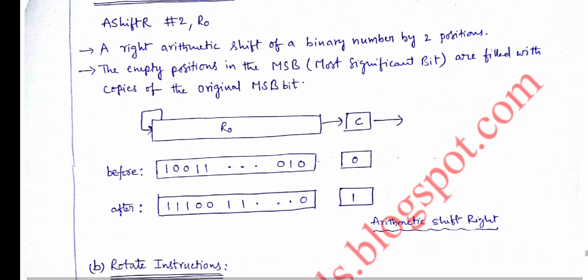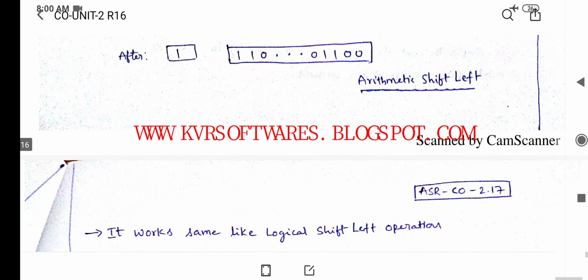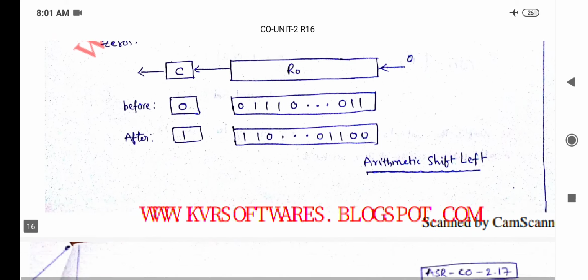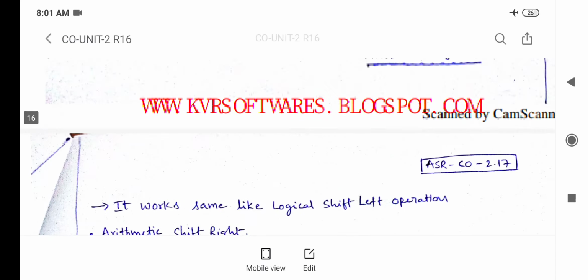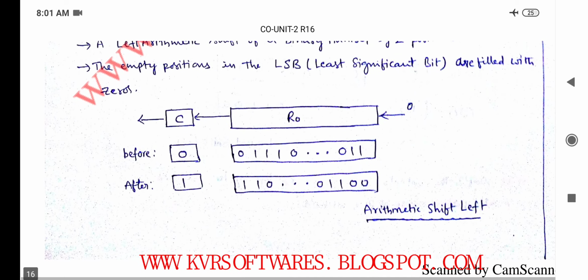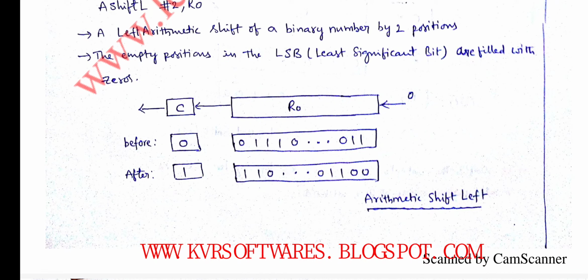That's about arithmetic shift right. Hope you understand the difference between arithmetic shift left and arithmetic shift right. In arithmetic shift left, it is just like a logical shift left. We have to fill the least significant bits with zeros.